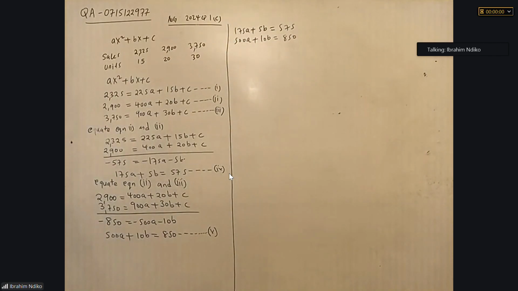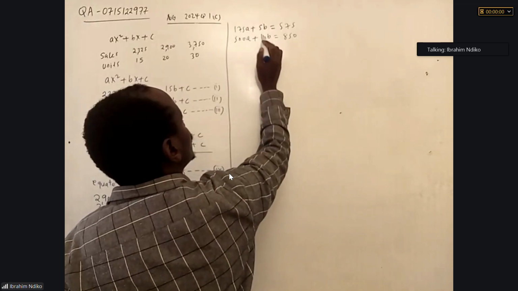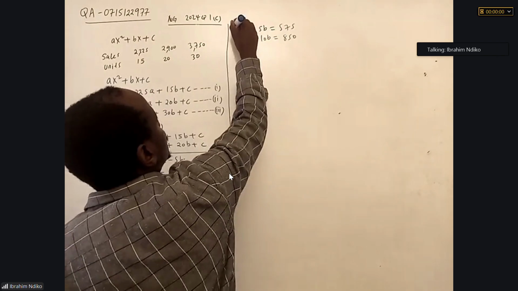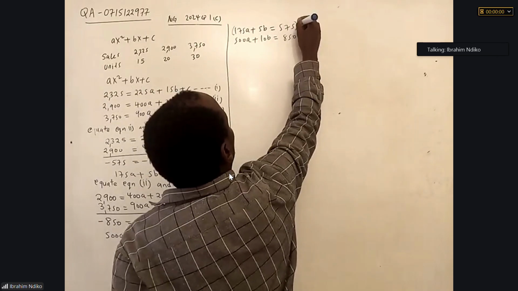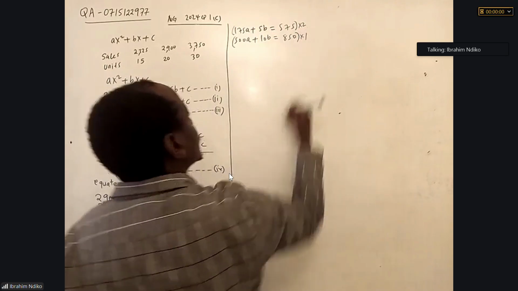Now, in this case, we need to have the right terms so that we can eliminate. So we make these two items the same. So 5b, we change it to 10b. So how do we change it? We multiply by 2. And this side we multiply by 1.